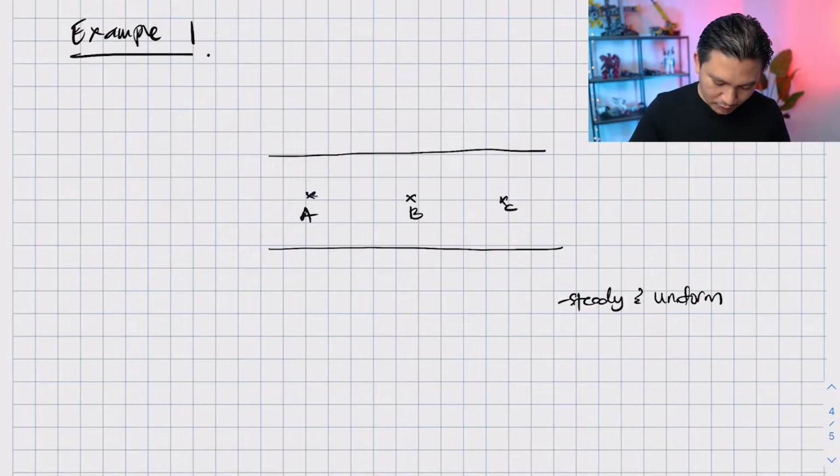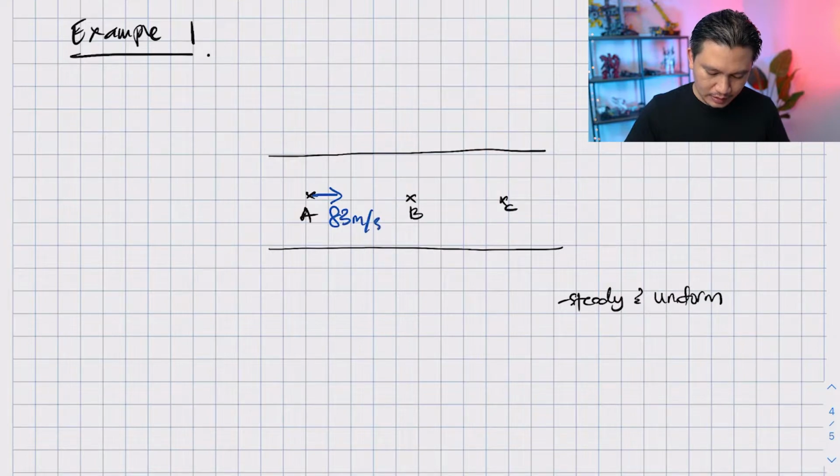At point A, my velocity is 83 meter per second. At point B, my velocity is 86 meter per second. And at point C, my velocity is 88 meter per second.